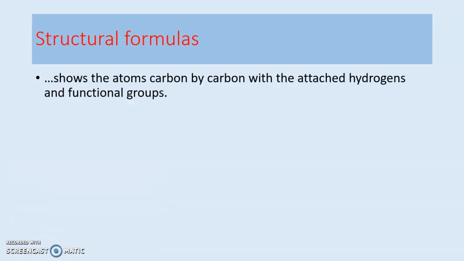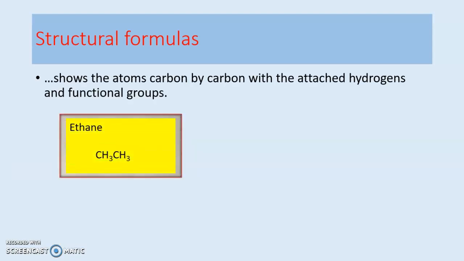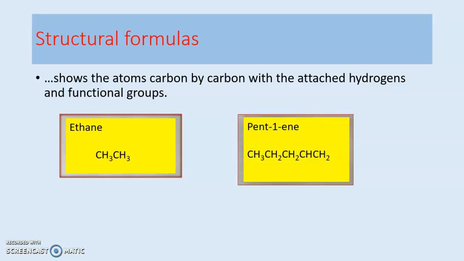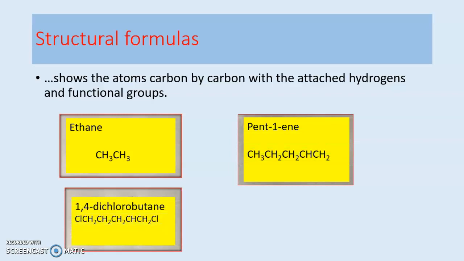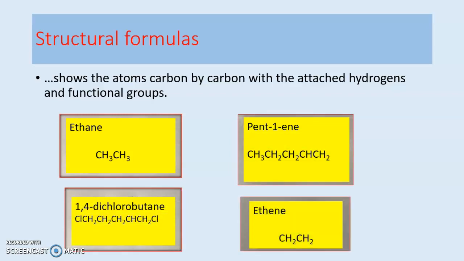Structural formula will only show the structure. So it's not going to show you the bonds, but it will just show the atoms carbon by carbon with the attached hydrogens. And if you've got functional groups, it will show those as well. Note over here, none of the bonds are being shown. It just shows the atoms one by one.